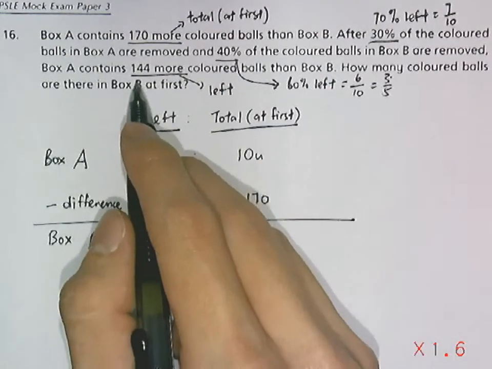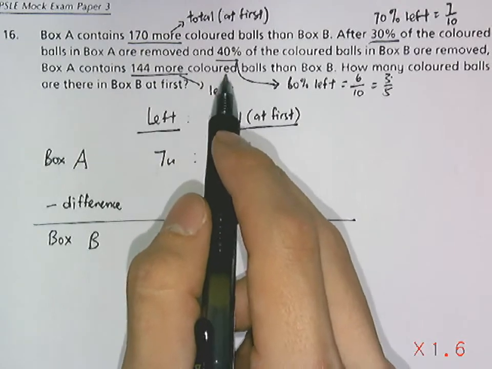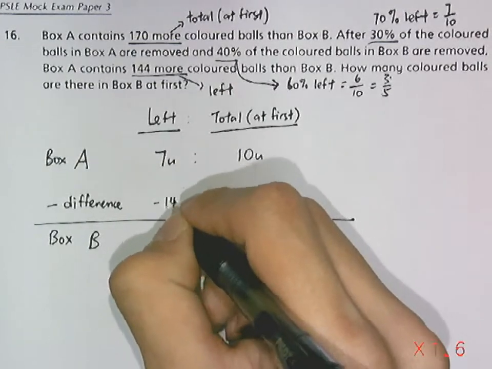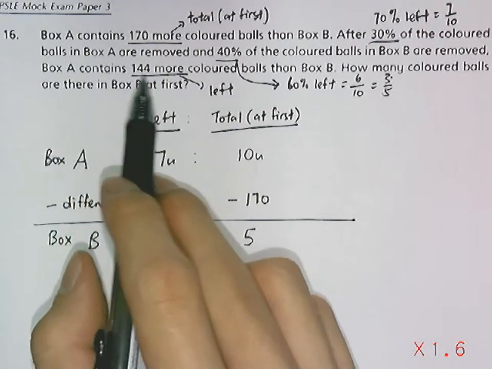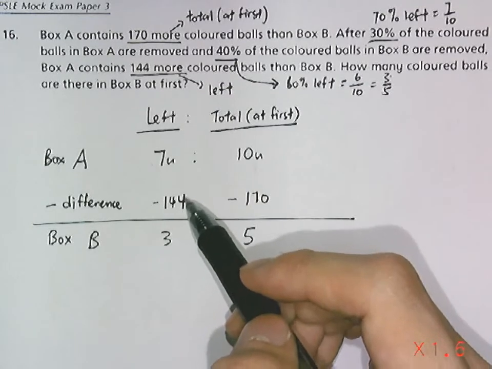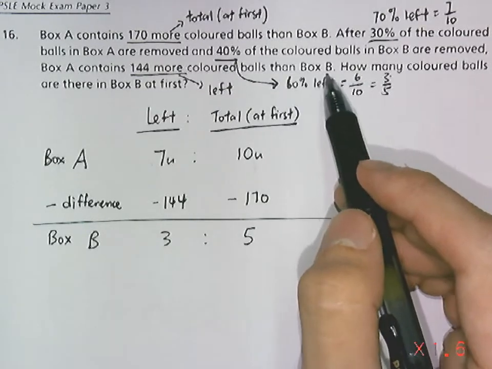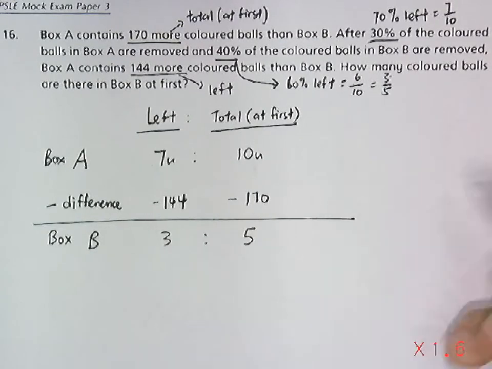For the second case, box A contains 144 more color balls. Box A, 7 units, minus 144 would be the number of color balls left in box B, which is correct, 3/5 of the total.